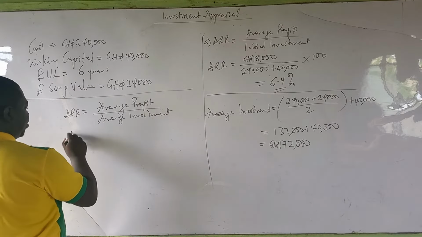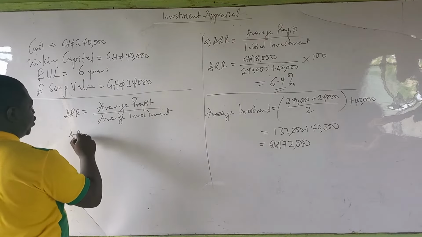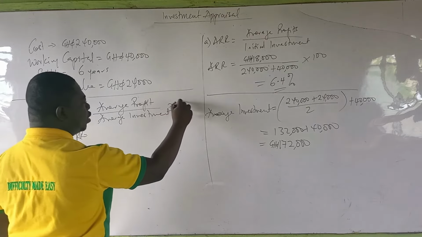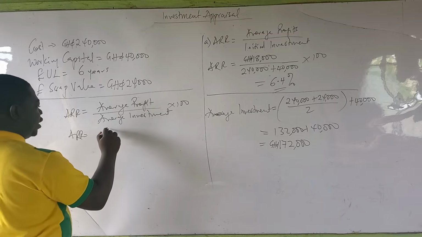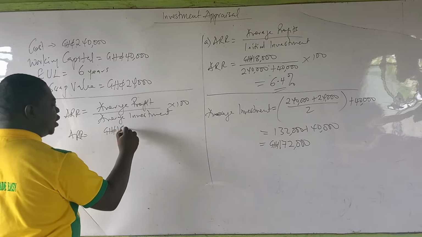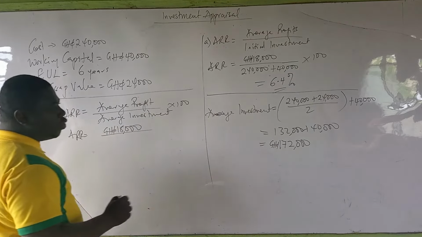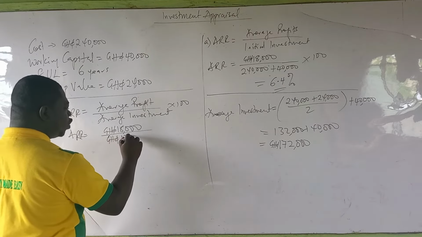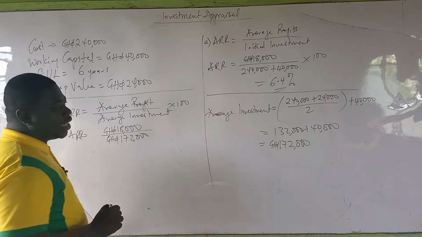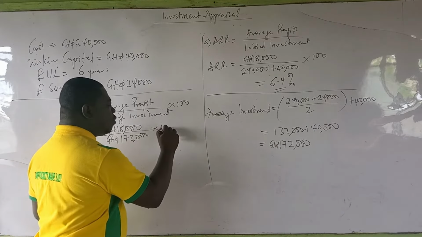Therefore, the accounting rate of return in this case will be 18,000 Ghana cedis, which we have established already, over 172,000, which is the average investment plus the working capital, times 100.